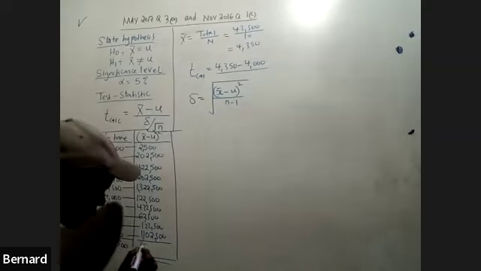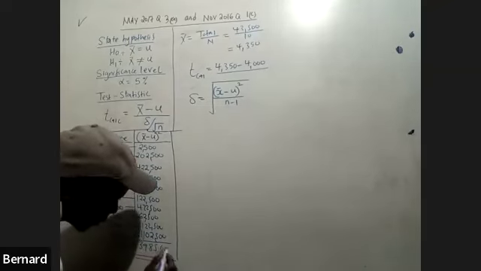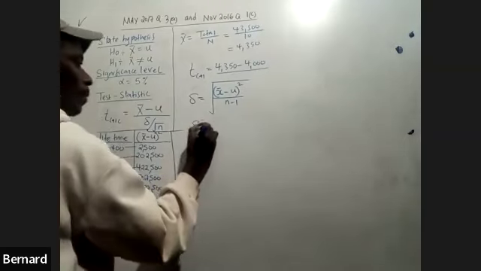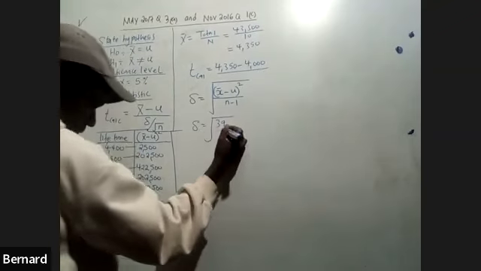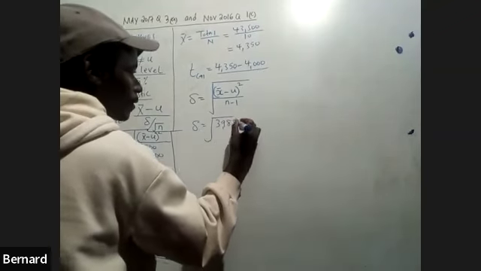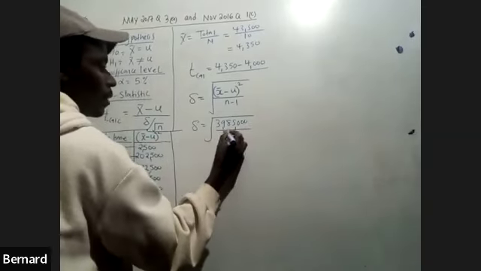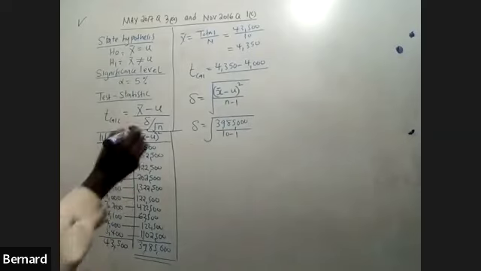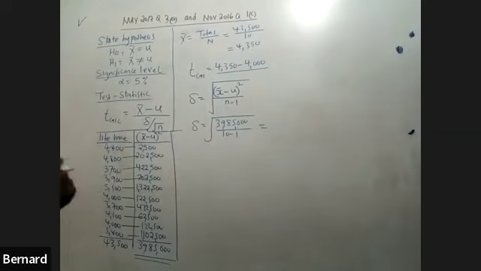Ingine umepata 39,85,000. So, kuja tuweke hapa 39,85,000. It was 10 minus 1. Sasa ilikuwa 10. So what will be our standard deviation?